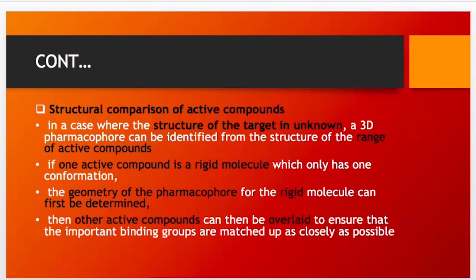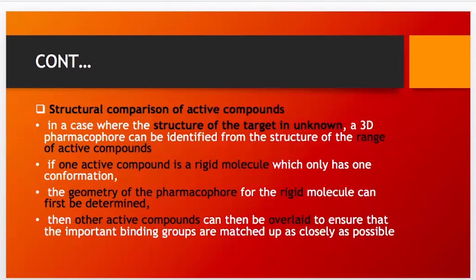Then the other method of identifying the 3D pharmacophore is by use of structure comparison of active compounds. In this case, there are situations where the structure of the target protein is not known. Unlike the use of X-ray crystallography, where you had the structure of the protein known and the ligand known, in this case you may not know the structure of the target molecule.